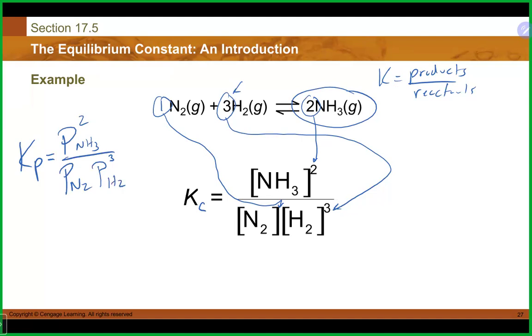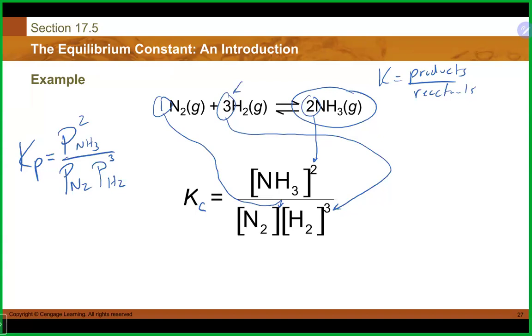And again, this is a different type of equilibrium constant. They both will tell you the exact same thing. It doesn't really matter what the little subscript on the K is, whether it's Kp, Kc, Kw, A, B, C, D, E, F, G, whatever. They're basically all products over reactants.